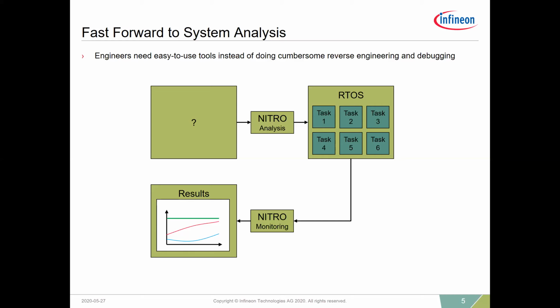Then you can use the algorithm we propose here for basic analysis, which will uncover all the tasks and the RTOS itself. The way we uncover it can also be used later for monitoring. Then you can verify your timing constraints and see, okay, there's a task running way too long. That should not be the case, and you can start to find the responsible person for this task.